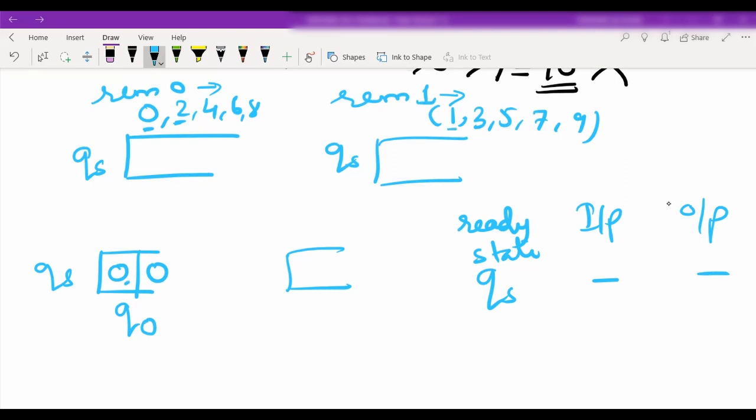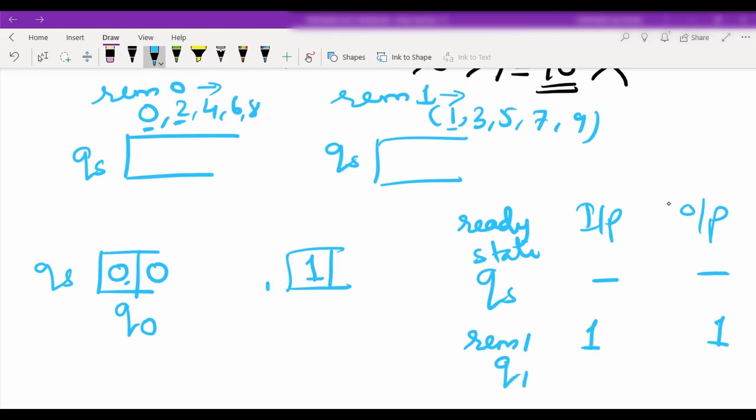Now we take the next bit, which can be from set 0 or from set 1. What is the first bit in set 1? For example, I am considering 1. Number 1 is divisible by 2? No, it is not divisible by 2, so it goes to the remainder 1 state. The remainder 1 state represents number 1 with the remainder 1. We can mark this condition as the Q1 state.